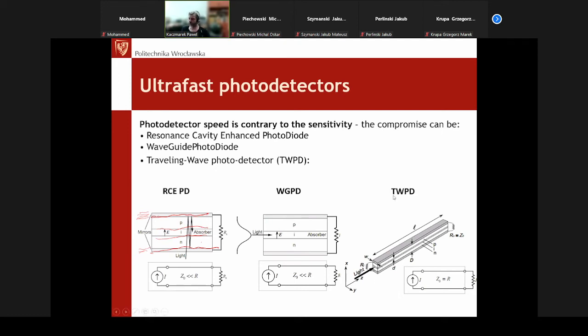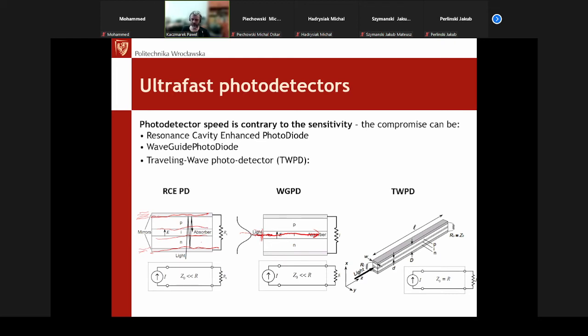Another approach can be introducing the light into the structure from the side, just to increase, of course, the absorption length. In a similar way to the emission from a semiconductor laser, we can apply the same and introduce the light from the side into such a structure.